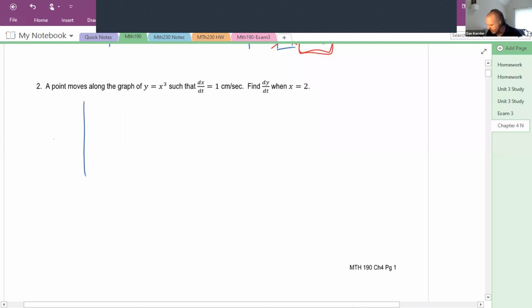This is y equals x cubed. When x is 2, I'm just going to say that's over here, 2. Well, what's the corresponding y? Since it's on the curve, what must y be equal to?